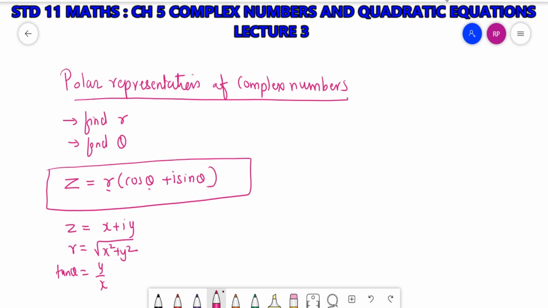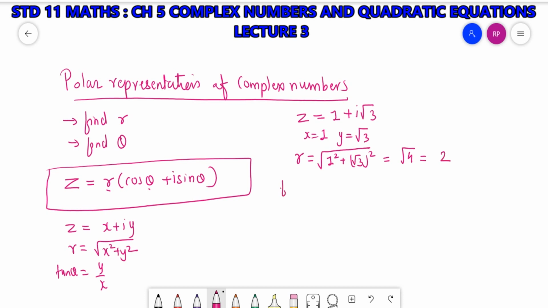Let's take one example. We are taking the example z is equal to 1 plus i root 3. So here x is equal to 1, y is equal to root 3. So what is the modulus? Under root of x square plus y square means 1 square plus root 3 square. So this will be equal to root 4, and that is equal to 2.